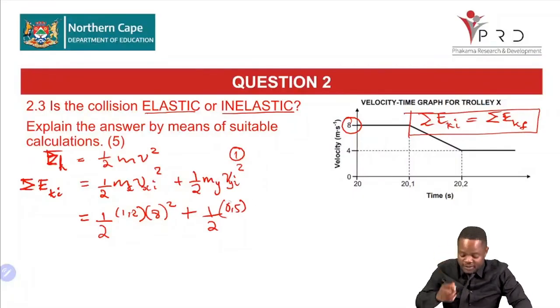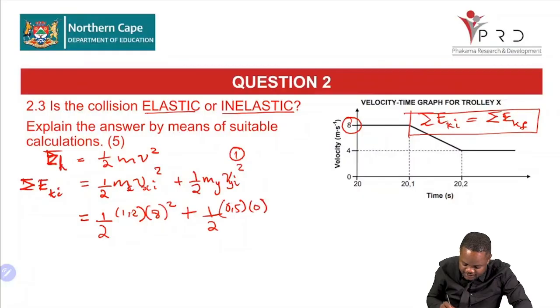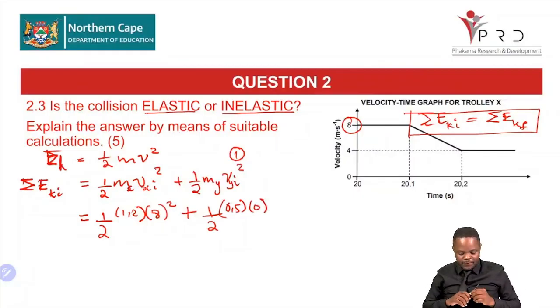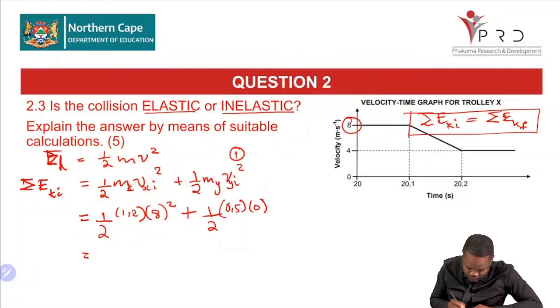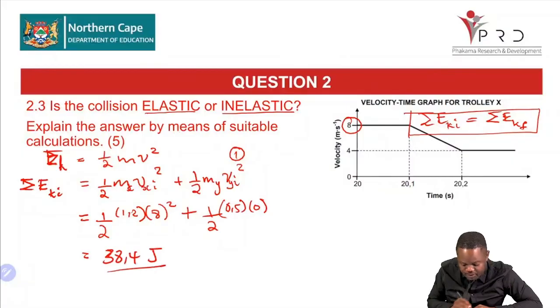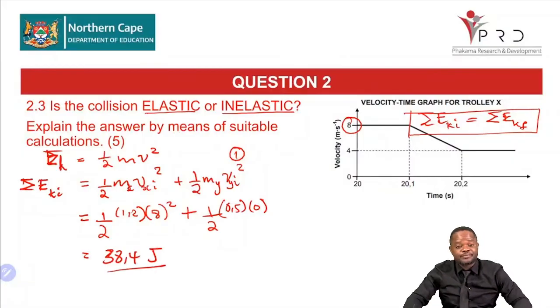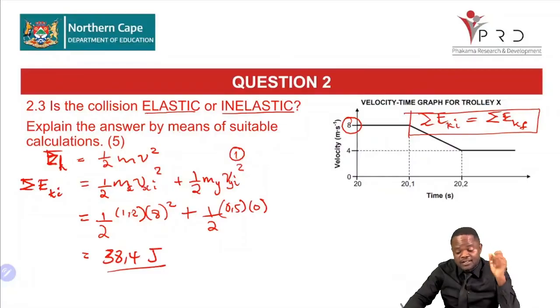Trolley Y is at rest, so the initial velocity is 0. Can you do the calculation? Let's just do the math. What value are we getting? We are getting 38,4 joules. Remember, energy is in joules. So this is the sum of our initial kinetic energy in the collision.